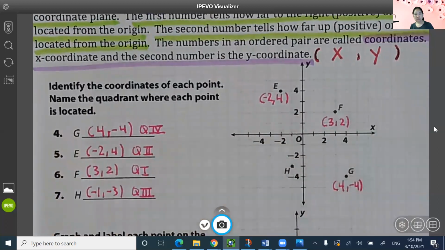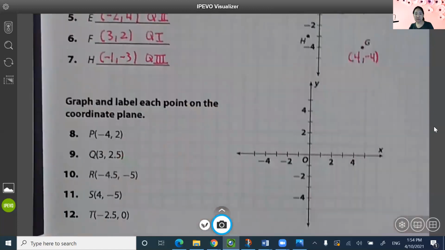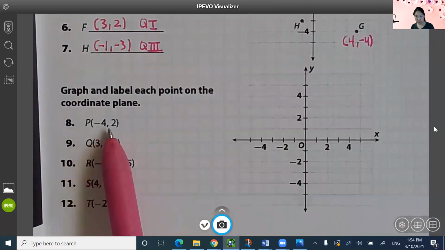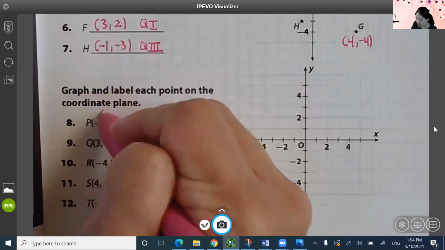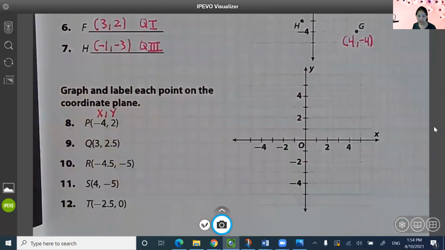All right. Now, the next portion says, instead of naming those coordinates, now we are going to graph and label each point on the coordinate plane. I'm going to show you how to label, okay? So we're going to first graph -4, comma, 2. Remember, the first one is your left or right, and the second one is your up or down, okay?